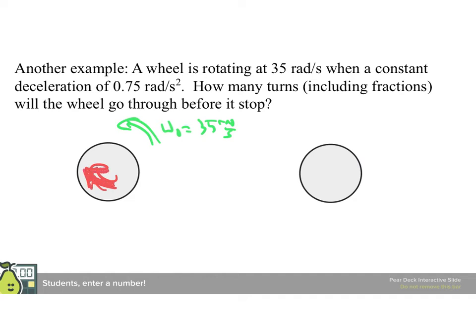That's pretty terrible, sorry. Let's try that again. One which goes like this. And so alpha there would be 0.75 radians per second squared, but we'll enter negative in our equations.